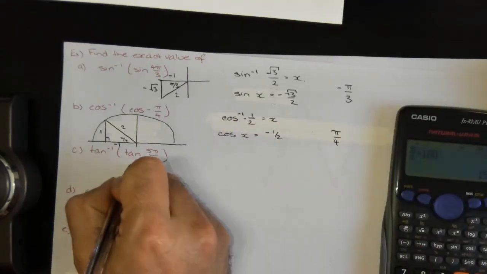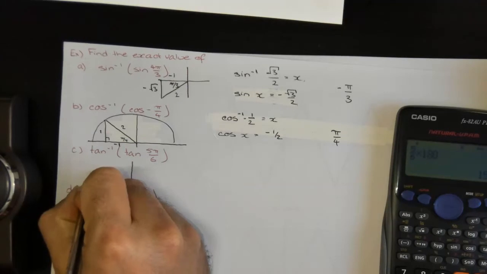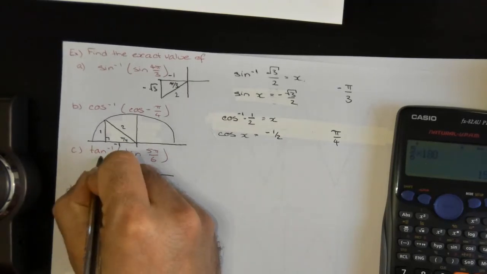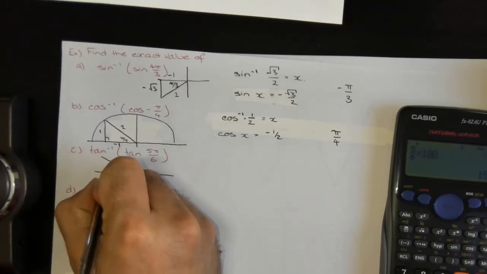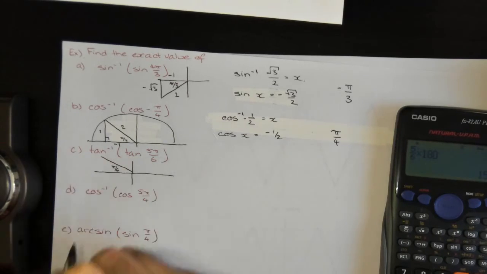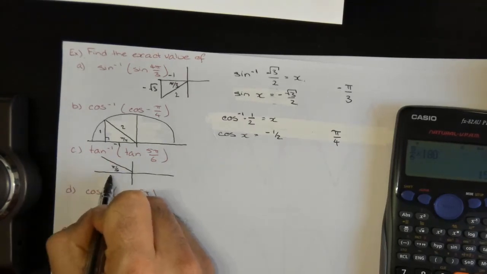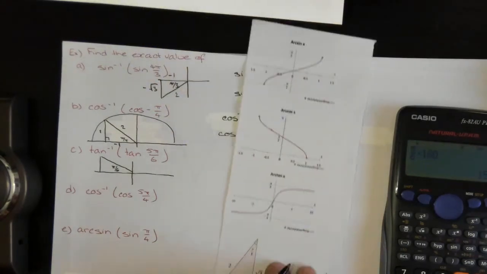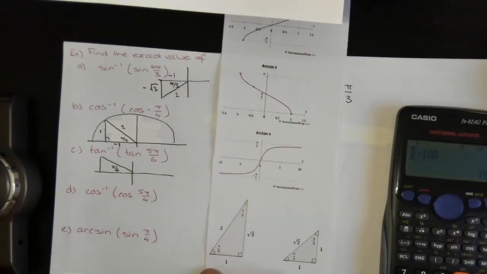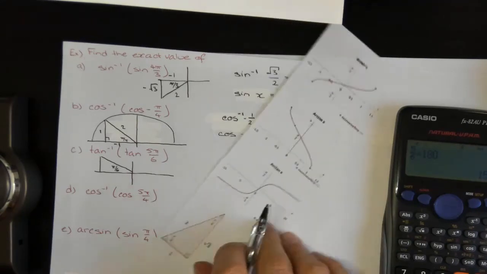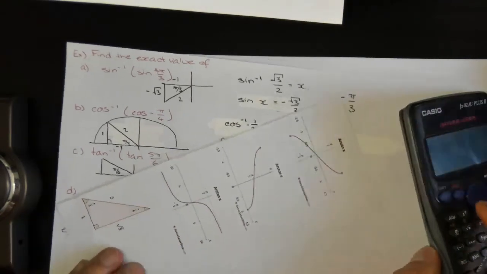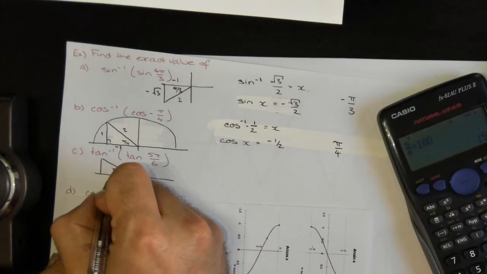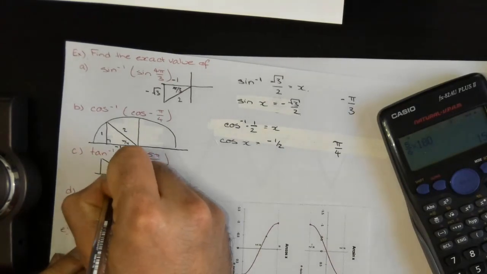So what we have, pi on 6 here, because that's going to be 30 degrees. Using our exact triangles, we have pi on 6, so it will look like that. So we get square root 3, 2 and 1.